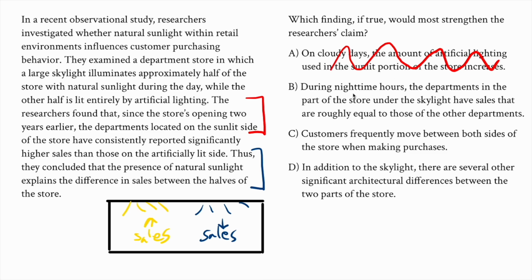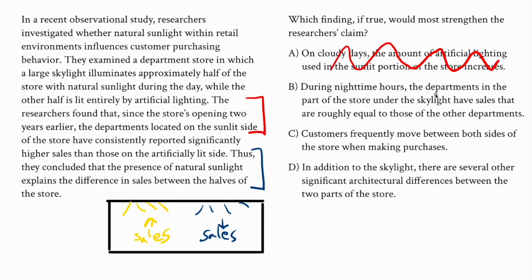B, on the other hand: during nighttime hours, the departments in the part of the store under the skylight have sales that are roughly equal to those of the other departments. Okay, so what does this do? This actually suggests that the sunlight is an important factor, because if we're talking about nighttime hours, there's not going to be sunlight coming through that skylight. And so that means that both sides of the store are going to be under the same lighting conditions.